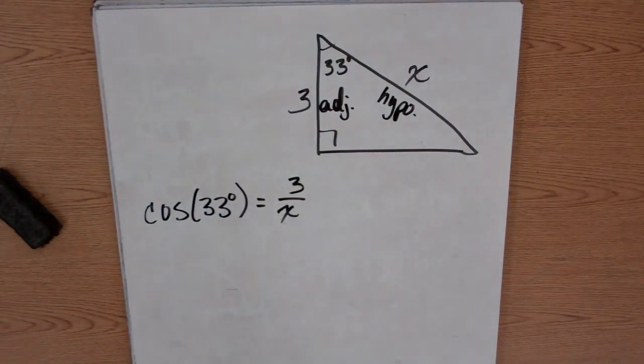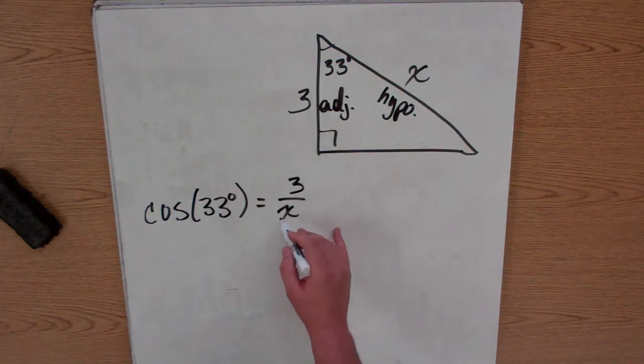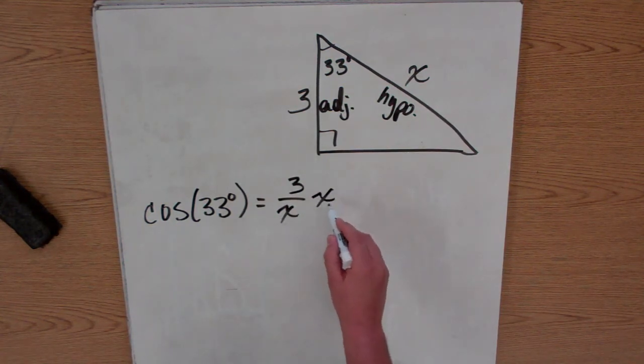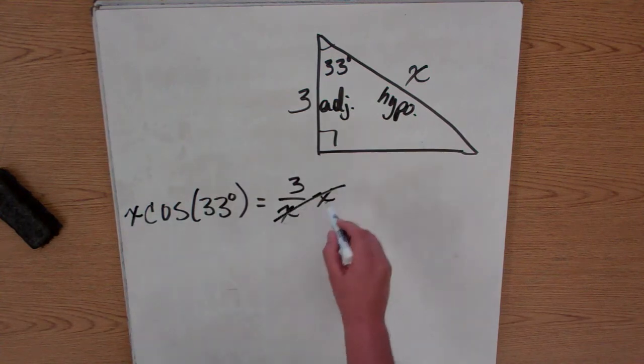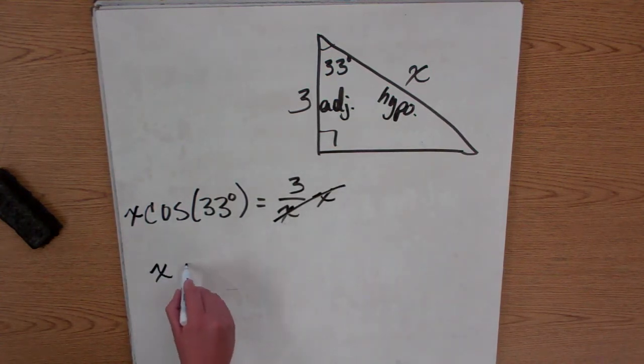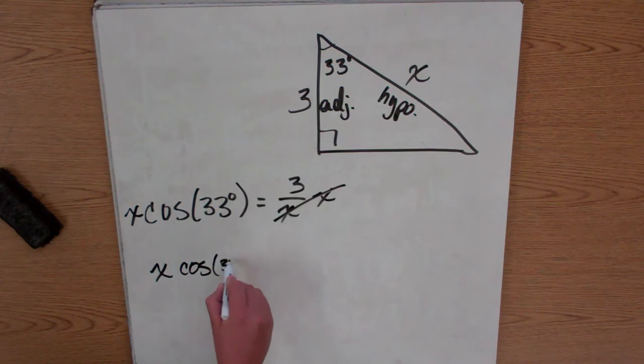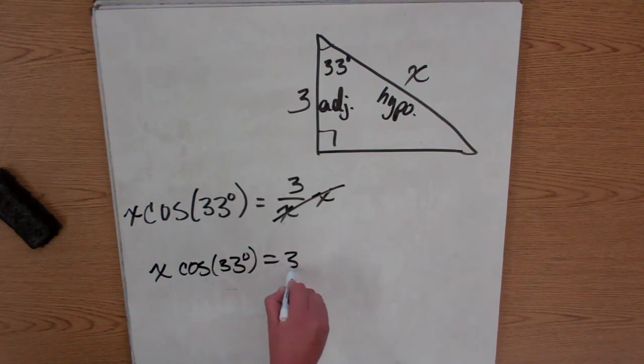Now, if you look here, we have our variable in the bottom. So we multiply both sides by the denominator, and we get x times the cosine of 33 degrees equals 3.